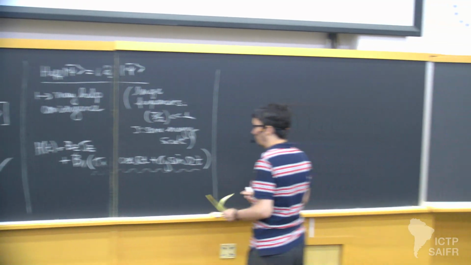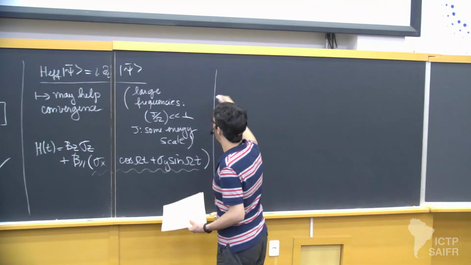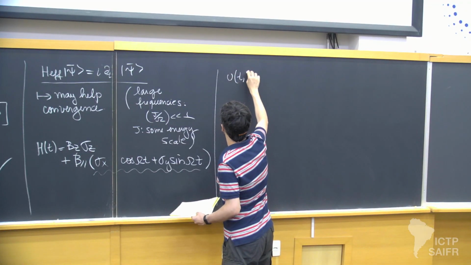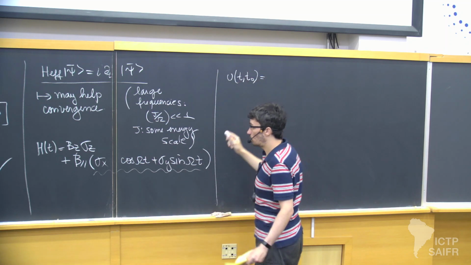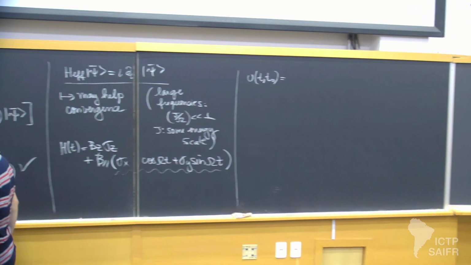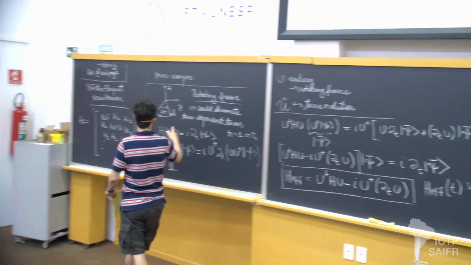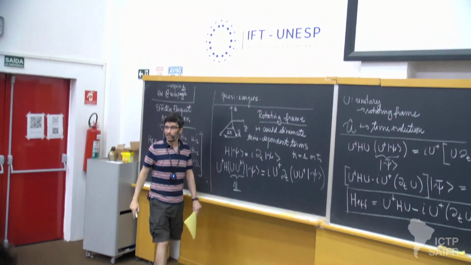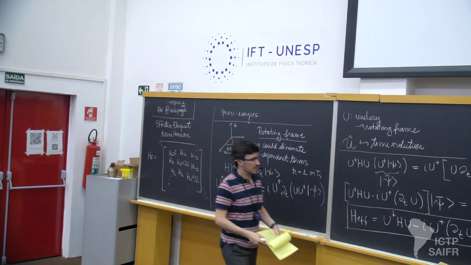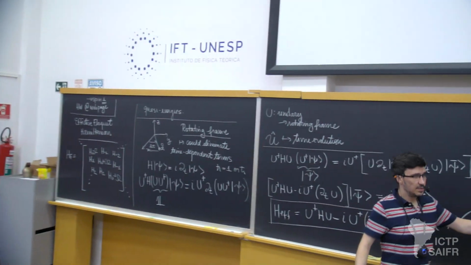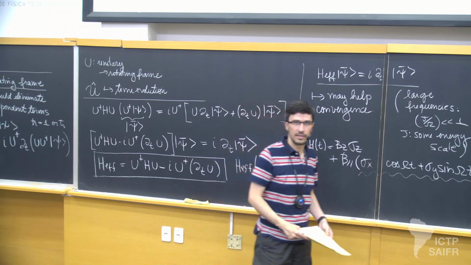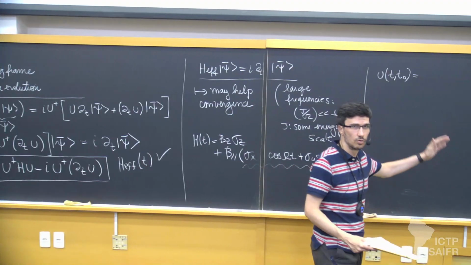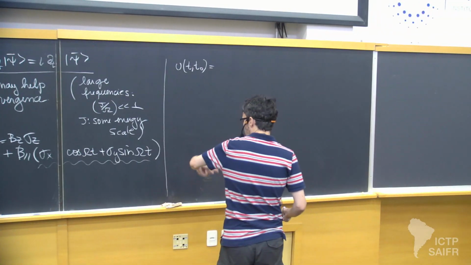The unitary that does this job can be parameterized by two numbers, t and t0, and I will give you the answer, but it's not hard to guess. You just have to go to a frame that rotates with omega t and eliminate this term here, so it's going to look like a rotation with a time-dependent angle. So you just rotate around the xy plane.